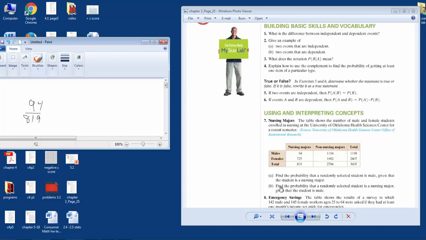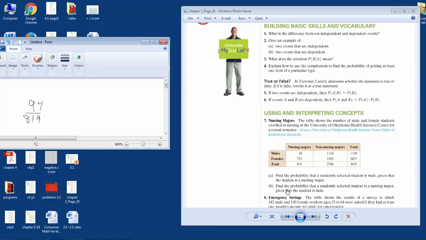Let's move on to part B. Find the probability that a randomly selected student is a nursing major, given that the student is male. This time I'm given the fact that the student is male. This is going to change things around a little bit, because if the student is male, I'm going to have a different result in this case.